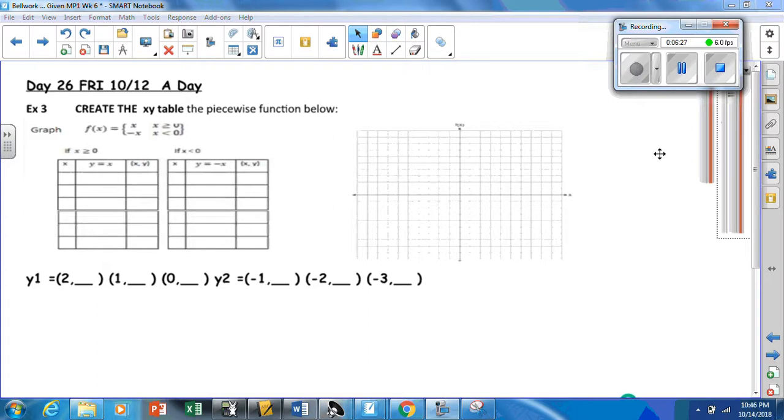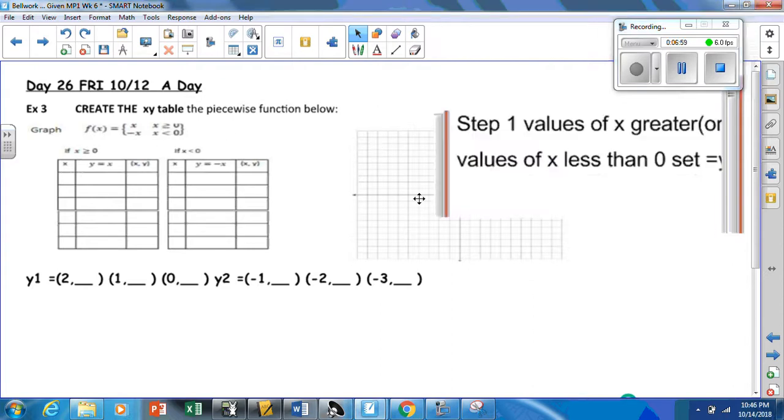Consider day 26. Our problem here is very similar to the last, but we have a restricted domain. We're looking for the values of x when x is less than or equal to 0, and then the values of -x when x is greater than 0. So what does this mean in English?